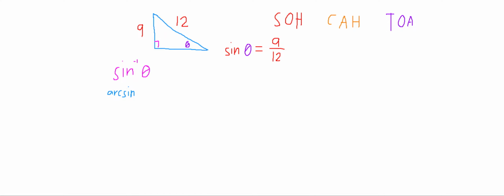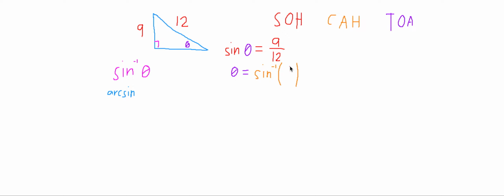So what you want to do is take the inverse sine on both sides. That's going to be theta equals inverse sine. We write sine with a negative 1, which may seem like an exponent, but it's not actually an exponent here.